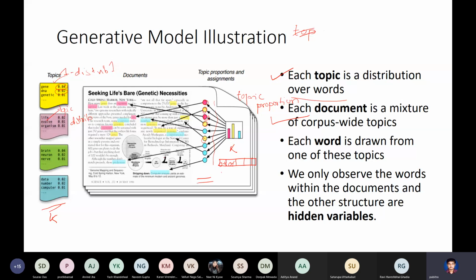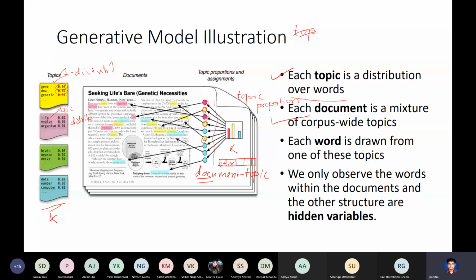In the first step, from this document to topic distribution, you can think of it like this: 2 pink, 3 yellow, 4 green, 4 blue. You randomly pick up any one. Let's say I am picking up this yellow. I have picked up this yellow.